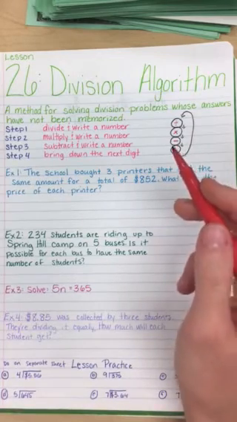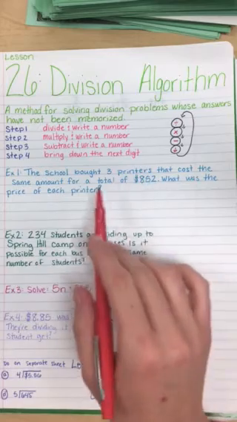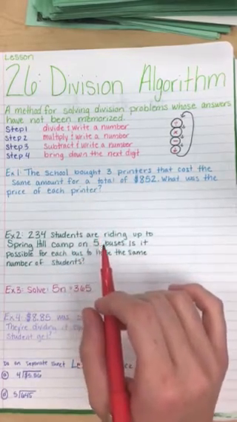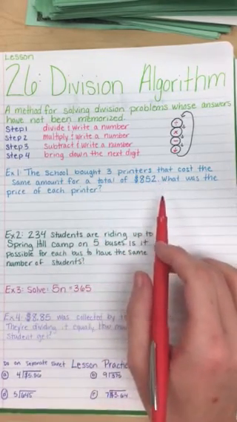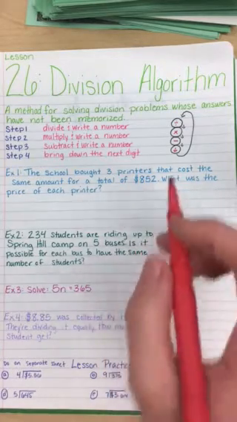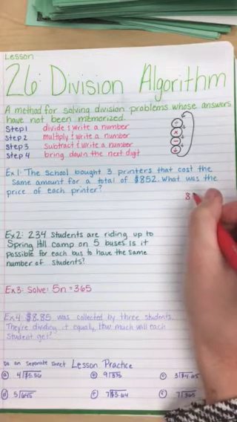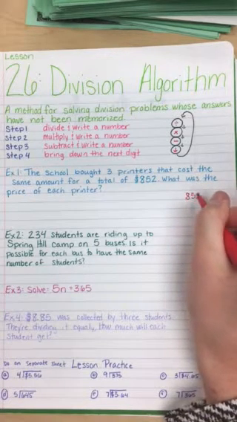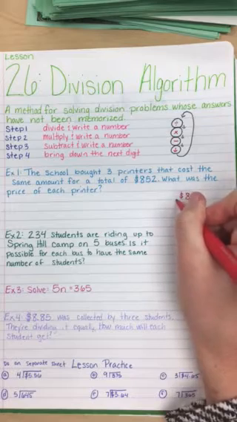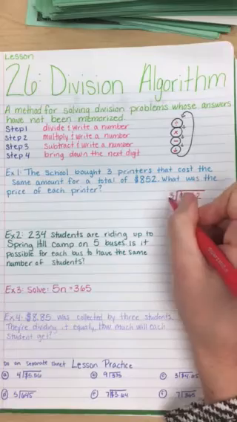Example 1. The school bought 3 printers that cost the same amount for a total of $852. What was the price of each printer? So you have 852 dollars, and you're dividing that by 3 because there were 3 printers.